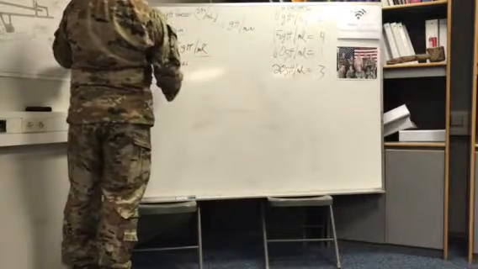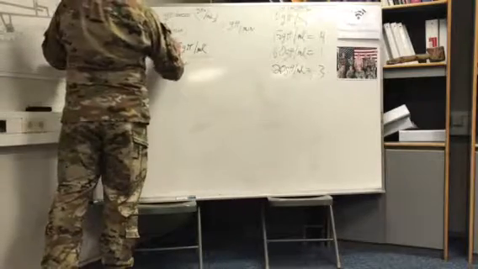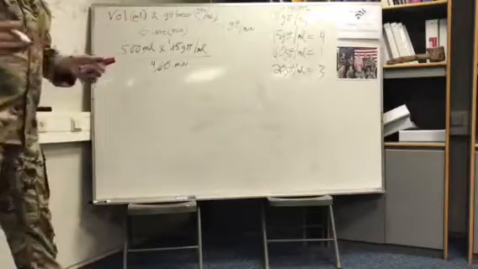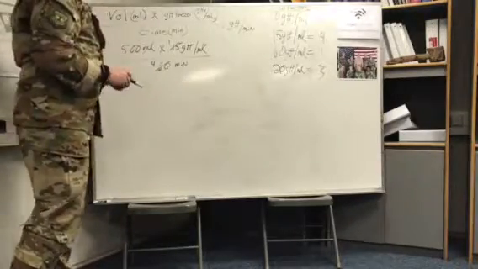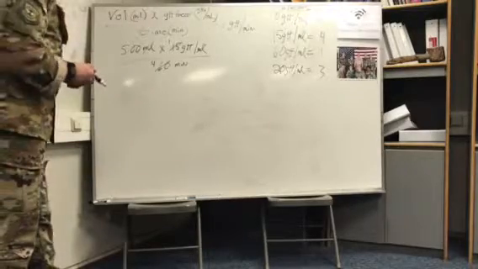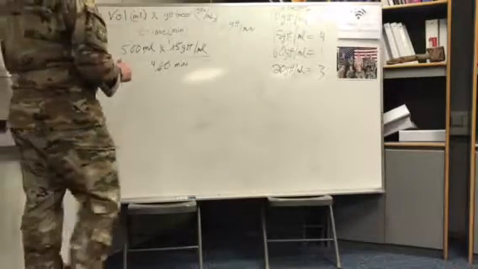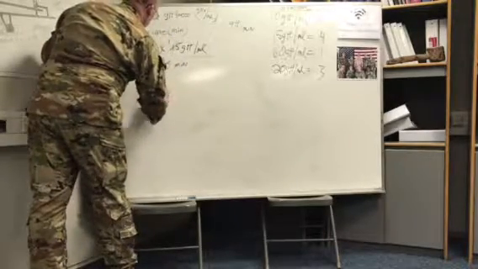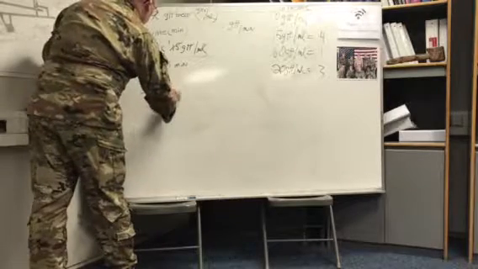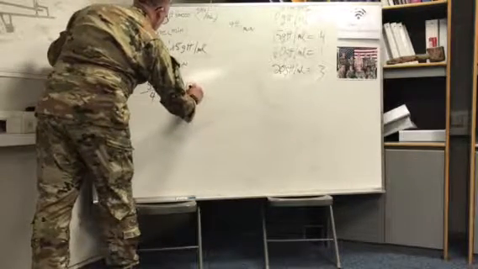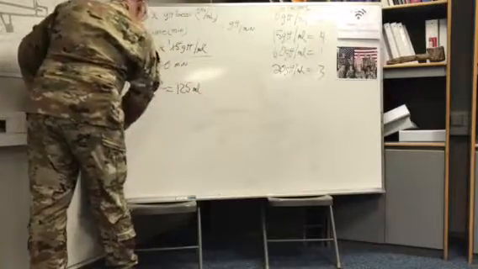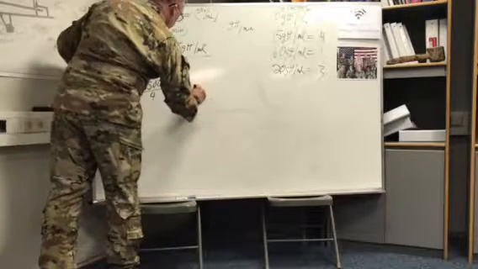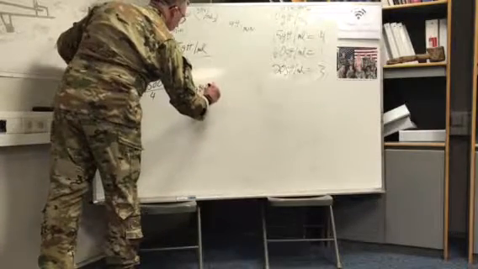Cross my units out first because I like to do that. 15 goes into itself once, into 60 4 times. 4 goes into 500. Somebody do that math. So 500 divided by 4 is going to be a little bit over 100. Should be what, 125? So then 500 divided by 4 is 125 drops per minute.